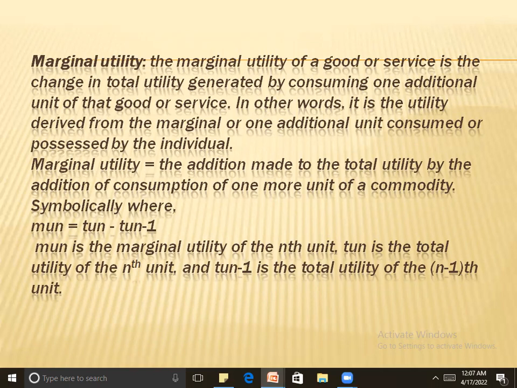Marginal utility equals the addition made to total utility by the consumption of one more unit of a commodity, symbolically MUn equals TUn minus TUn-1, where MUn is the marginal utility of the nth unit, TUn is the total utility of n units, and TUn-1 is the total utility of n minus 1 units.